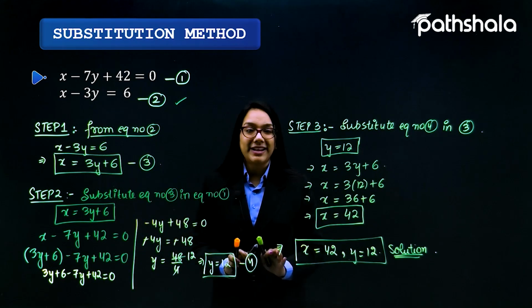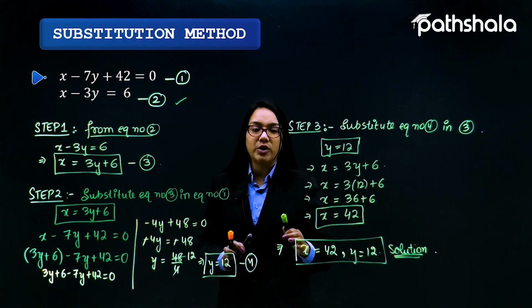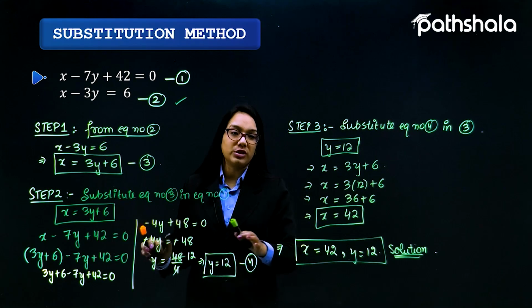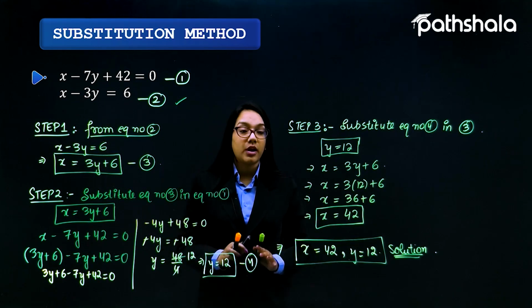This is quite an easy way to find the solution for a pair of linear equations rather than going for the graphical solution. So I hope the solution using the substitution method is all clear to you.